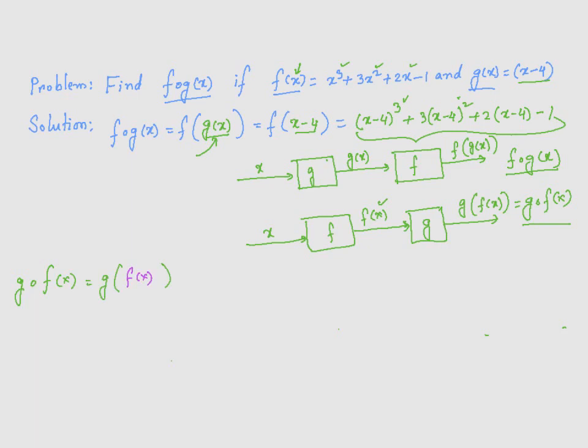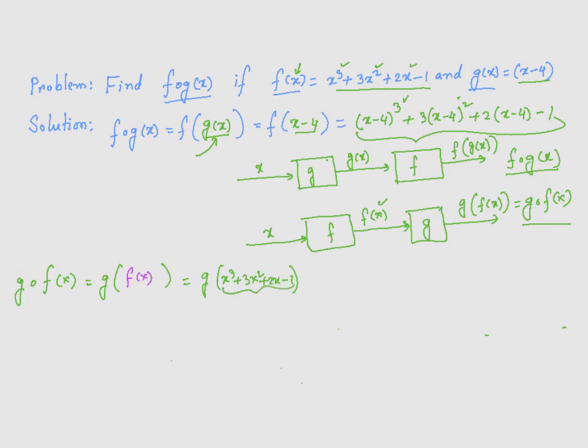Now this one is rather easy, by the way. So what it is going to be, g of f of x. So what does f of x, we have for f of x, we have the following, g of f of x, this whole thing, x cubed plus 3x squared plus 2x minus 1.